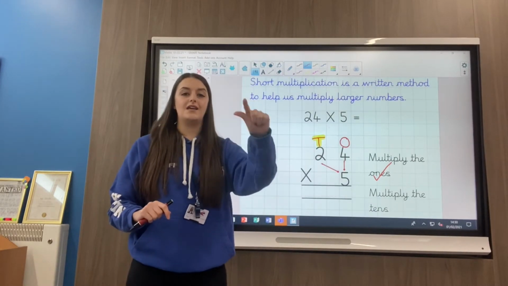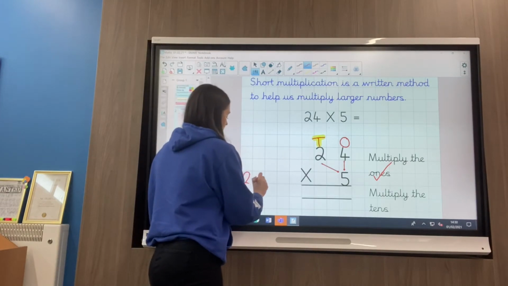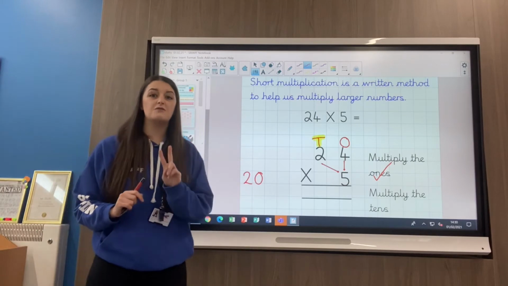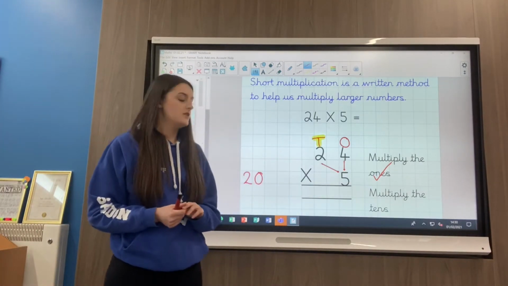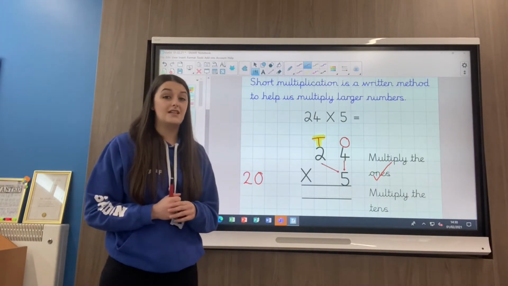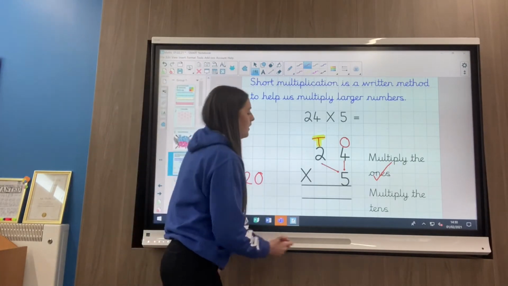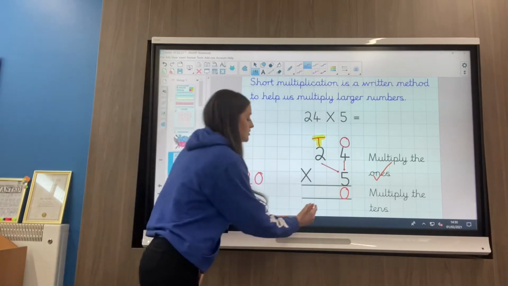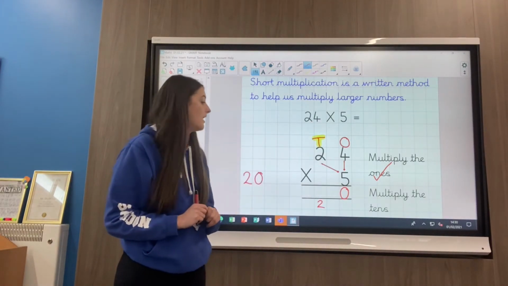So 5, 10, 15, 20. Now, before I put it in my answer, the number 20 has 2 digits, and we know we can't fit 2 digits in one box. So I need to find the ones in 20, a bit like column addition and subtraction. There I've got a 0, so I'm going to put my 0 ones there, and I'm going to exchange and carry my 2 tens underneath the tens column, okay?